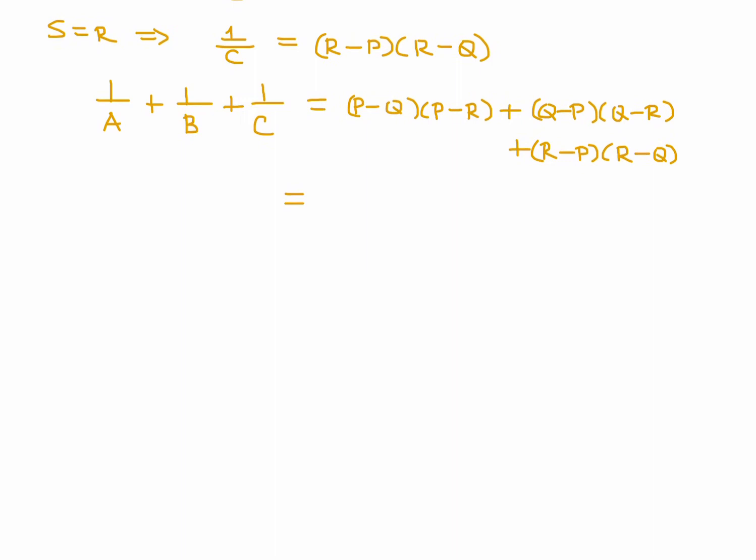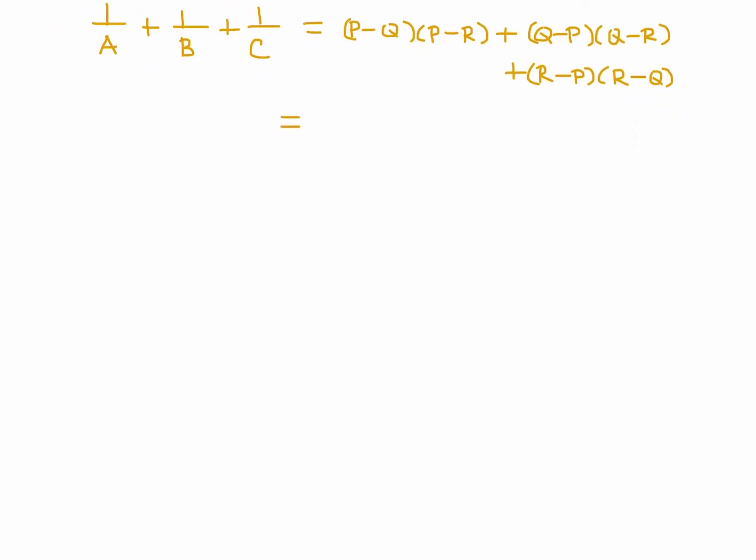Okay, so now we have to expand this, and when we do, I'll just expand it out first and collect like terms. And when I do, I get p squared plus q squared plus r squared minus pr minus qr minus pq. That's what I get.